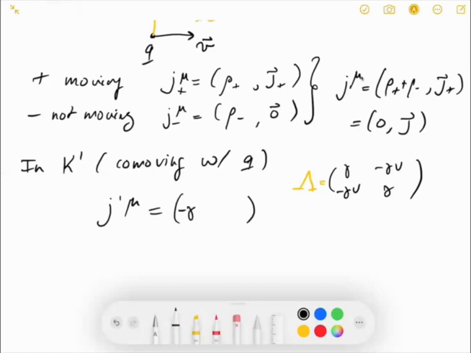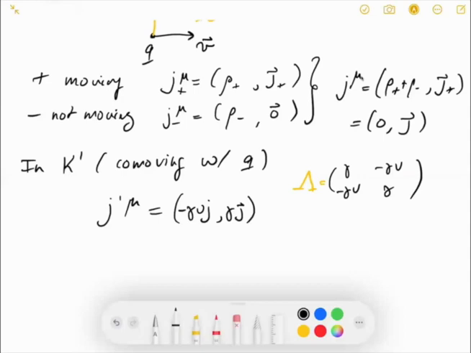minus gamma v j, and then you get gamma j vector. So that's your 4-current in the frame that is co-moving with the particle.